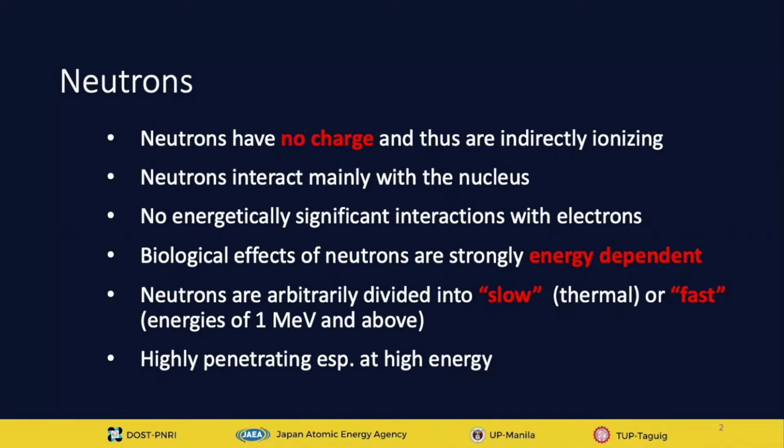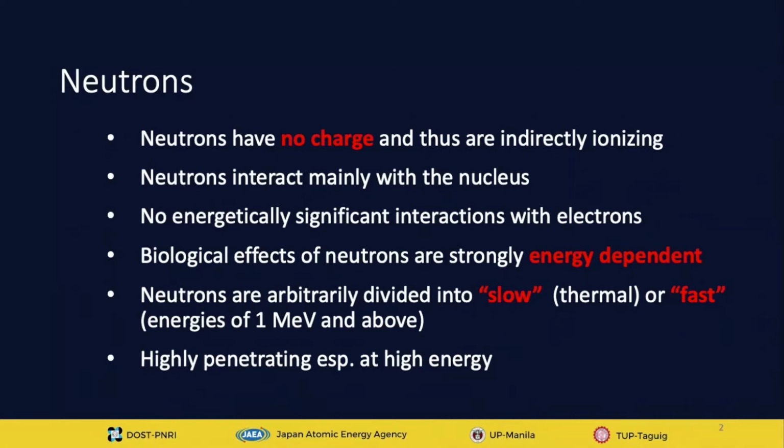And just like gamma rays, neutrons are highly penetrating, especially at high energies, and their biological effects are strongly dependent on these energies. Arbitrarily, we can classify neutrons according to their velocity or their energies.